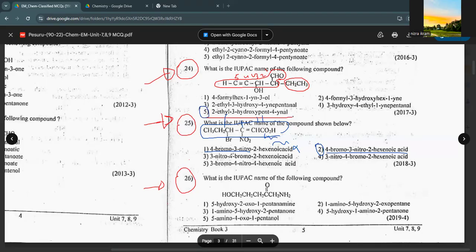26. What is the IUPAC name of the following compound? Now here you can see there's a ketone group, alcohol and amine group. So you know, aldehyde, ketone and alcohol. That's how it goes.